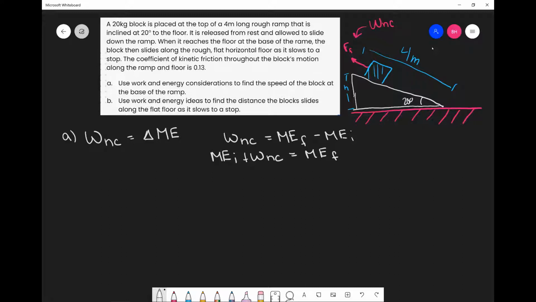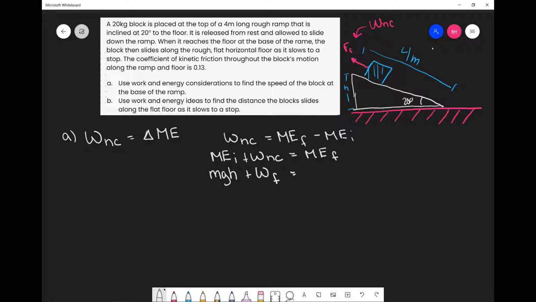Yes, it does, because it is some height above the ground. Does it have spring energy? No, it has no spring force. So all we have right here is mgh plus our work. I'm going to go ahead and put work due to friction so that we know that.